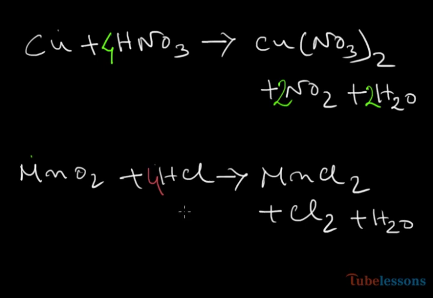And to make the number of hydrogen atoms and oxygen atoms equal, we have to multiply H2O by 2. So the reaction becomes MnO2 plus 4HCl gives MnCl2 plus Cl2 plus 2H2O. This is about balancing of a chemical reaction.